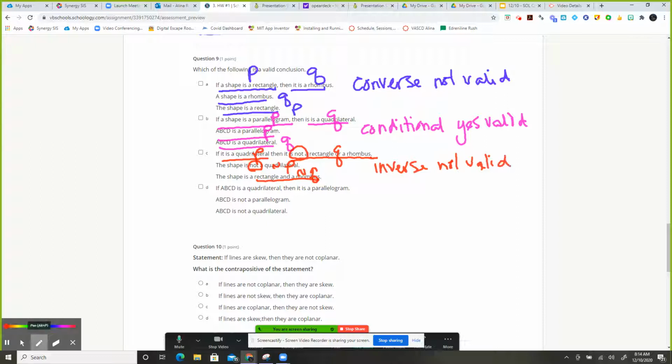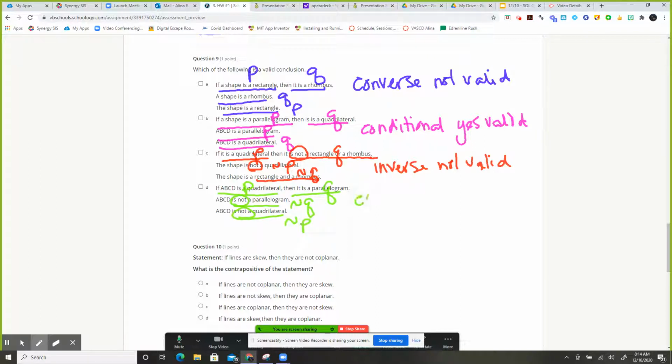And then the last one, and these are time-sucking questions too. I'm not much of a fan of reading. I don't like these questions, P and Q, but we got to get good at them. So quadrilateral, then a parallelogram, not a parallelogram, so not Q, and then not a quadrilateral, not P. So I switched and negated.